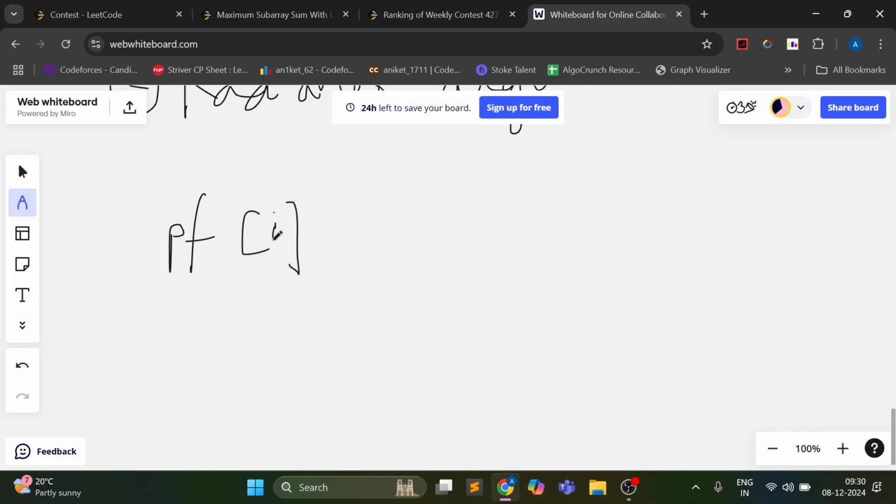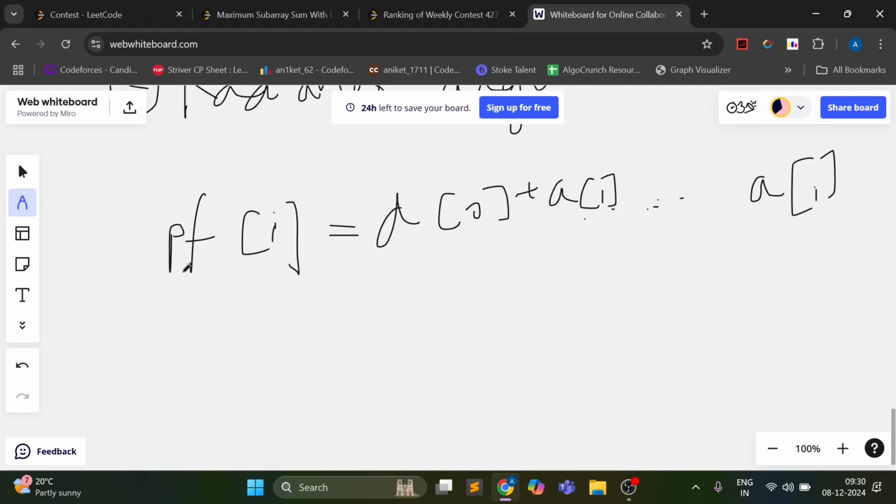So prefix sum is nothing but the sum of elements till i. So if we have to find the prefix sum at index i, it would come out to be a of 0 plus a of 1 up to a of i. So this is what prefix sum basically means.